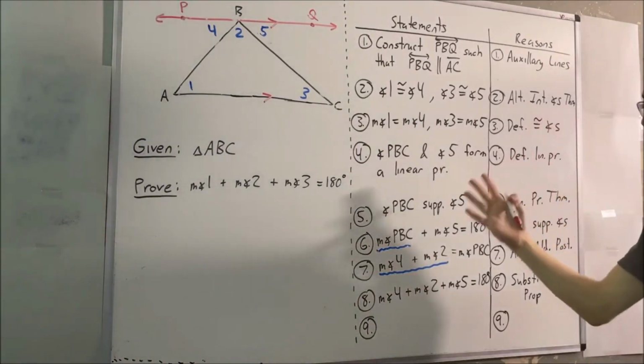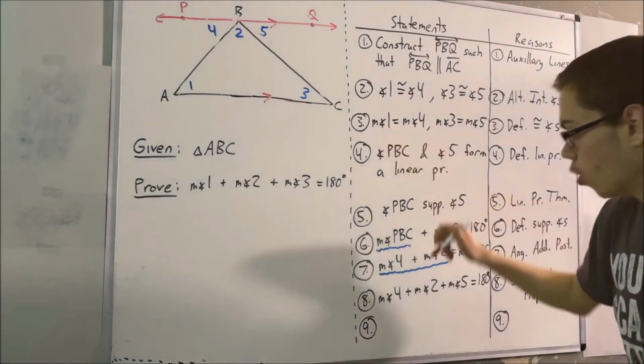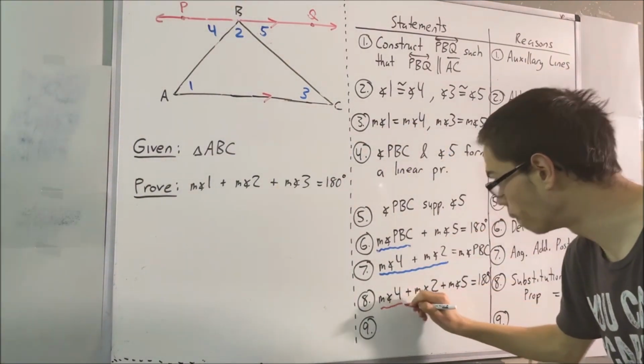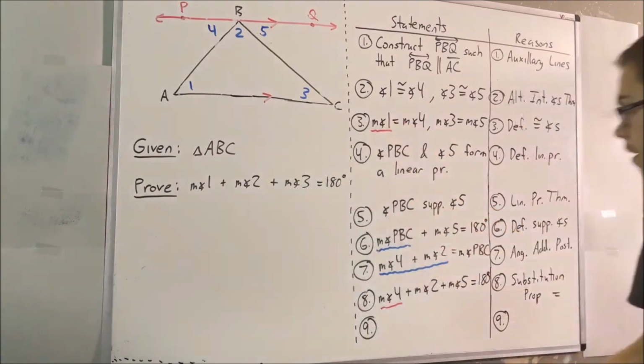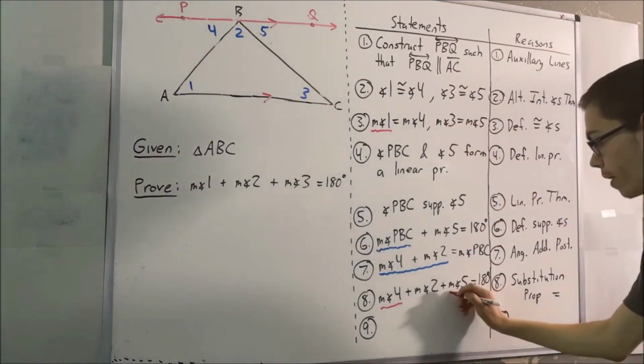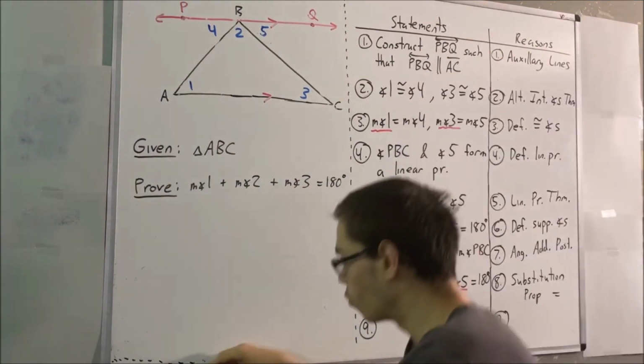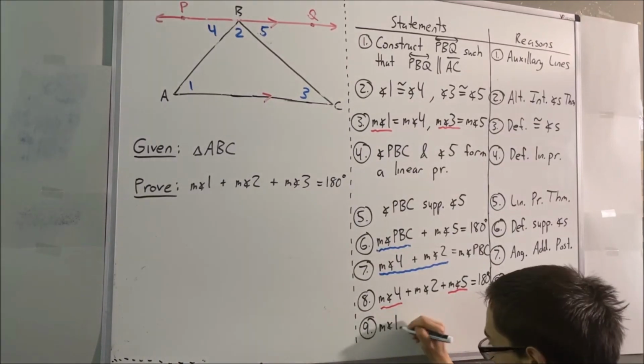But we could actually go further with this. Since the measure of angle 4 is equal to the measure of angle 1, we could also replace this measure of angle 4 with measure of angle 1. And since the measure of angle 5 is equal to the measure of angle 3, we can replace this measure of angle 5 with measure of angle 3. And so if we do that, we would get this.